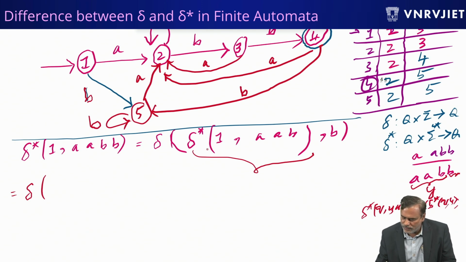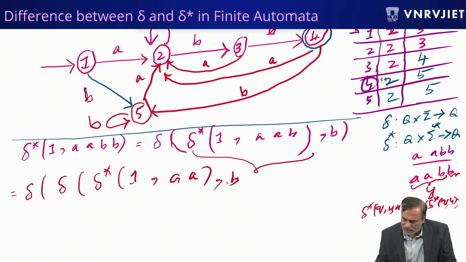That is delta of delta star of 1, AA, comma B. This is for this part.